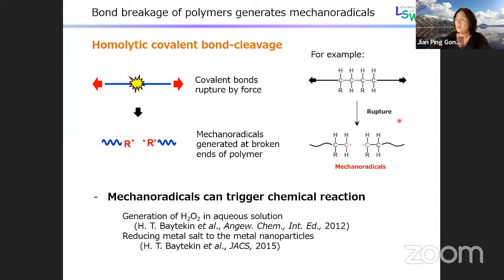Actually, this is well known in chemistry, and this kind of mechanoradicals have been used to trigger some small chemical reactions with small molecules, for example, here, and also to reduce metal salts, for example, to metal particles. So there is a lot of work using these mechanoradicals to trigger chemical reactions.